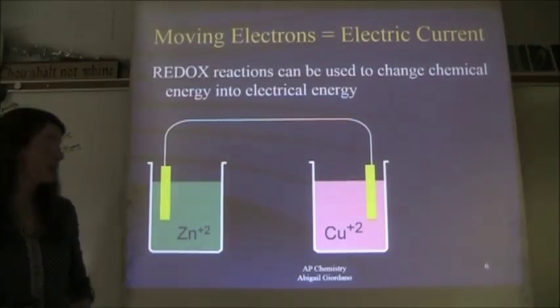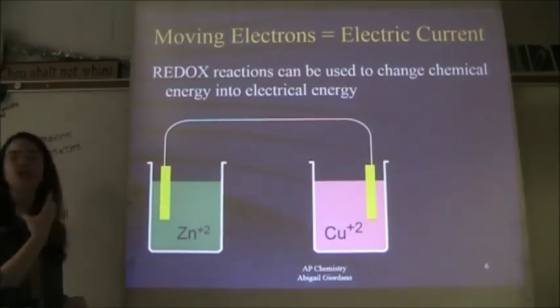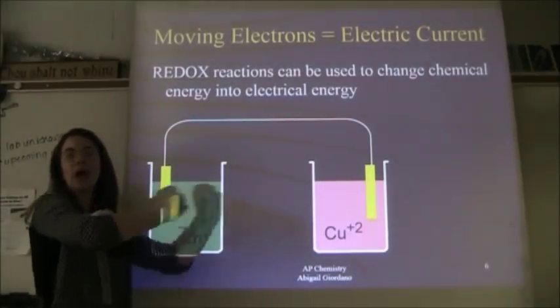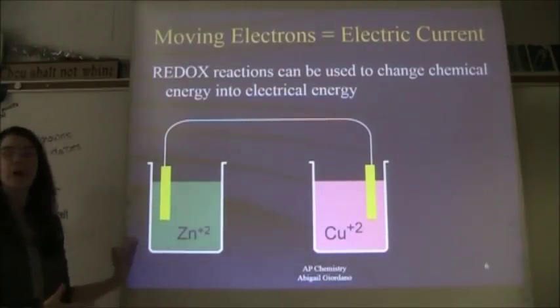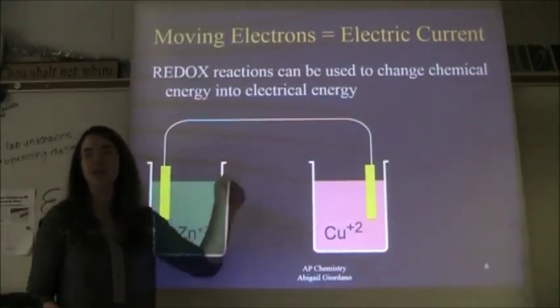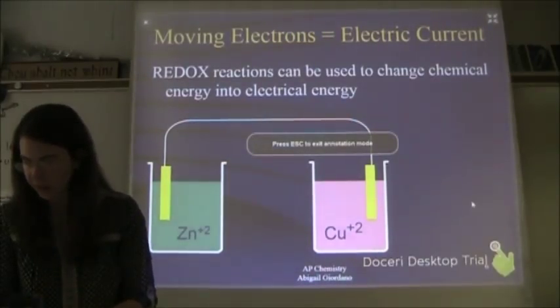The zinc, okay? So this half reaction is producing electrons, releasing them, giving them away. Where are they going? They're going to travel through this wire. So I am going to label this diagram a little bit here.